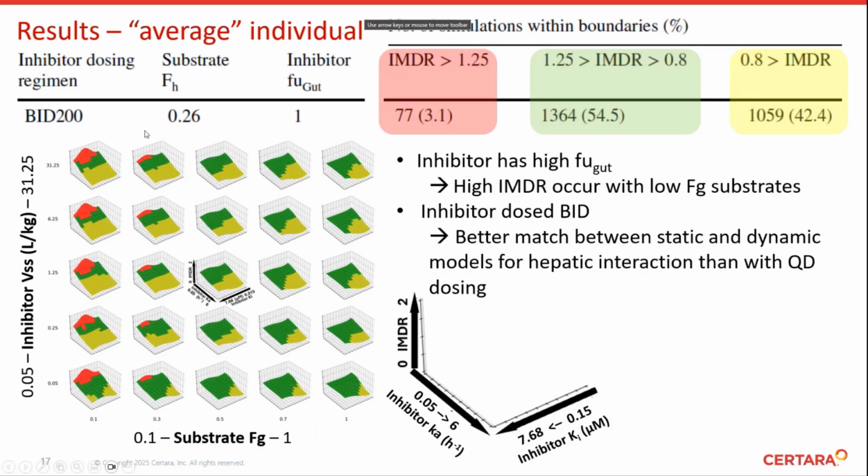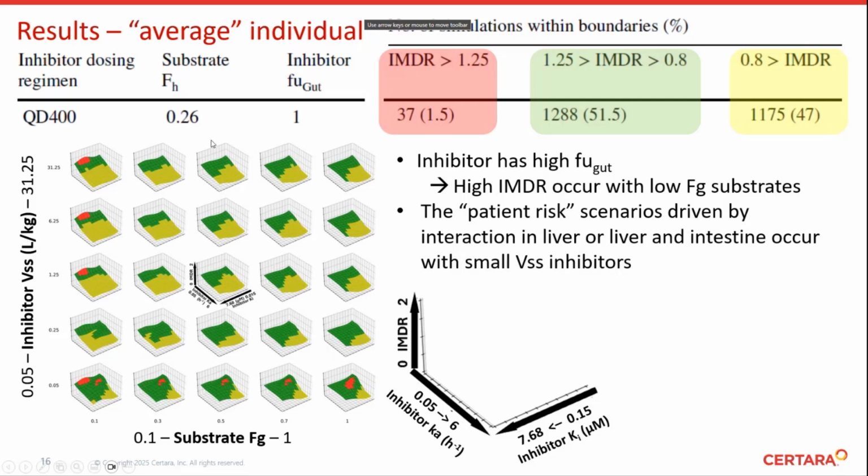Then this one, an otherwise similar case, but the inhibitor FU gut is 1. So assuming more inhibition in the gut wall for the dynamic simulations. The right-hand side, where gut wall doesn't contribute at all, is identical to the previous slide I showed.